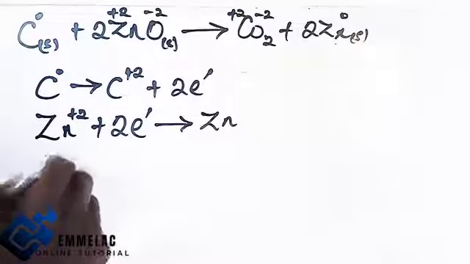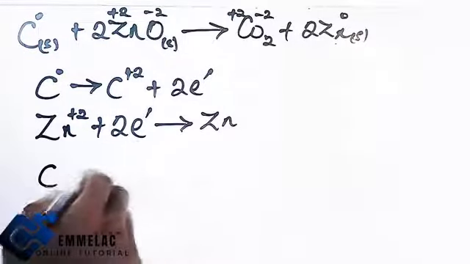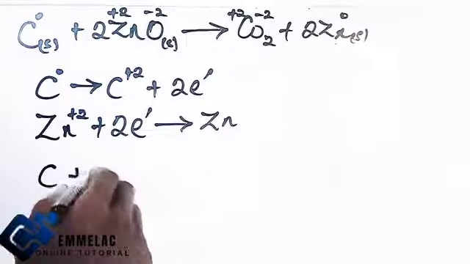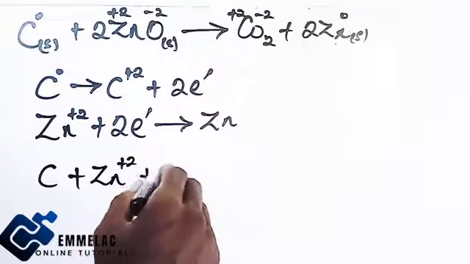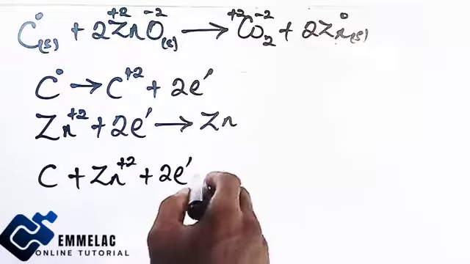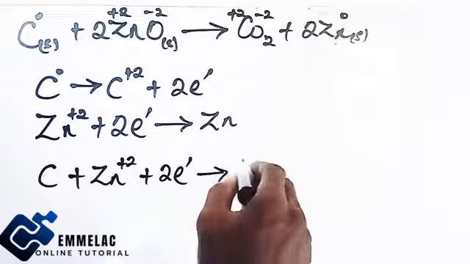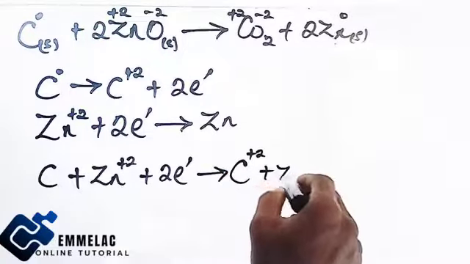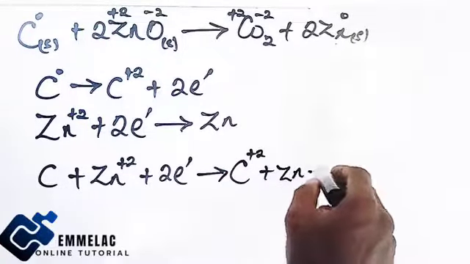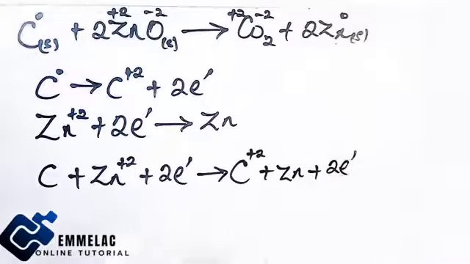carbon plus zinc plus 2 gives carbon plus 2 plus zinc plus 2 electrons.